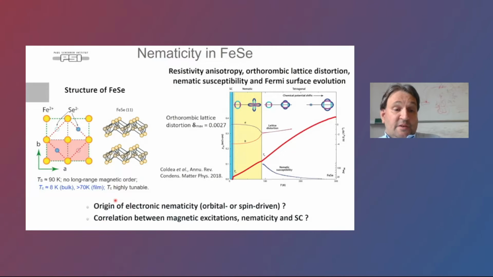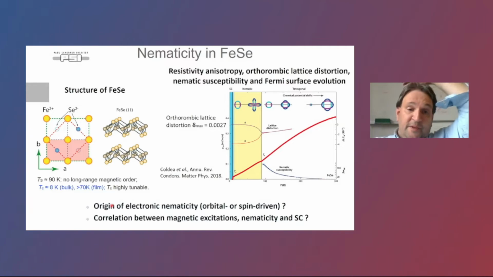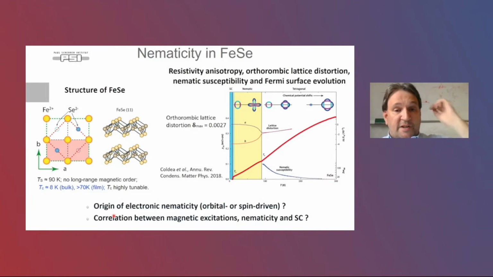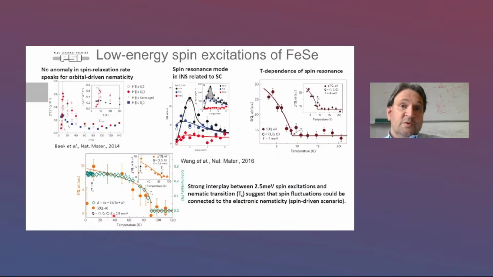So the question now is what is the origin of electronic nematicity? It could be either orbital or spin-driven. Then the natural question is also what is the correlation between the magnetic excitation, nematicity, and superconductivity? I will review very quickly what we know about low energy spin excitation in iron selenide.